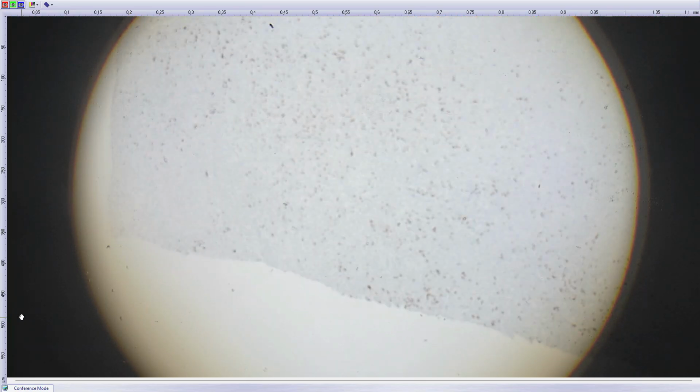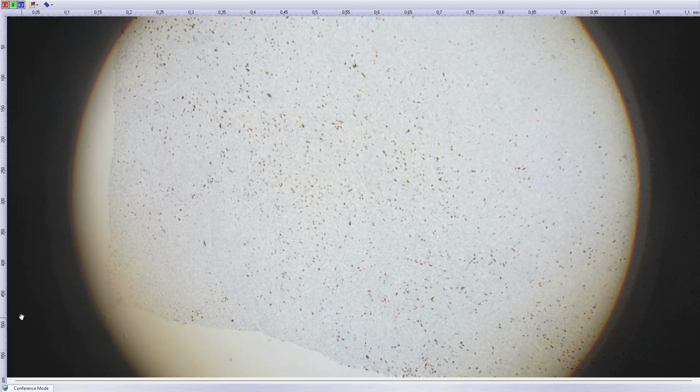Typically, this is SOX10. You will get some SOX10 positivity, but it's never diffuse in MPNST. It's focal at most.